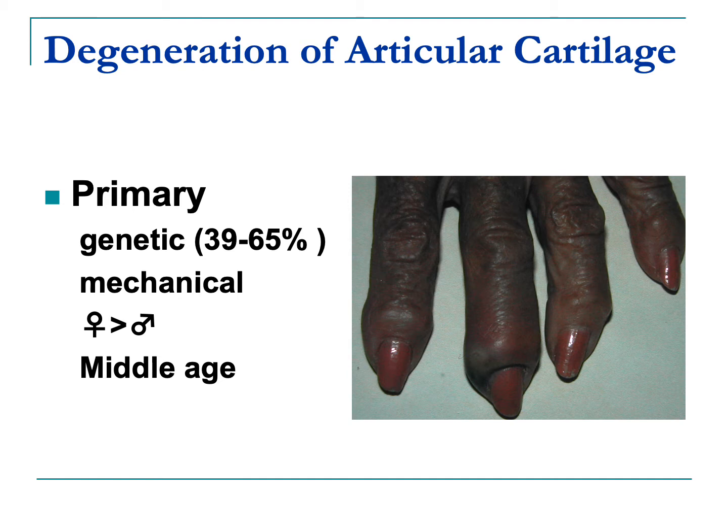Primary indicates that these are patients who have no other underlying disease or inciting event that caused the degeneration of their articular cartilage. These frequently are women of middle age and often have a family history of similar osteoarthritis.